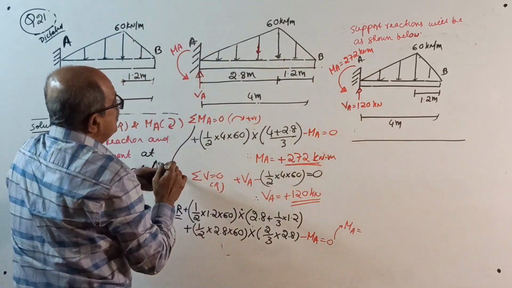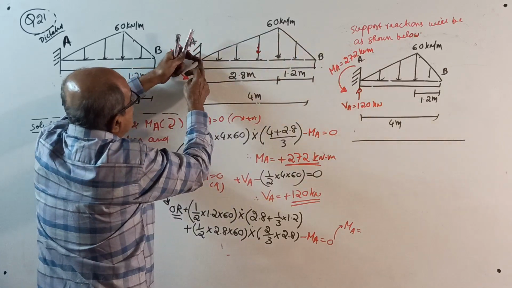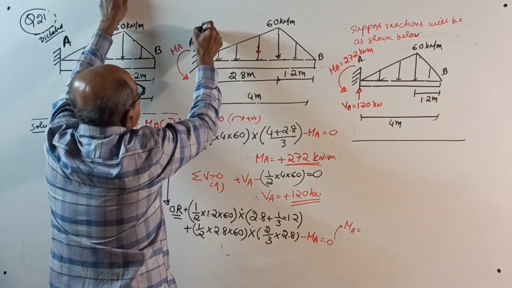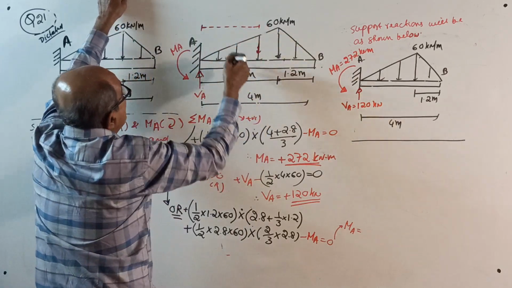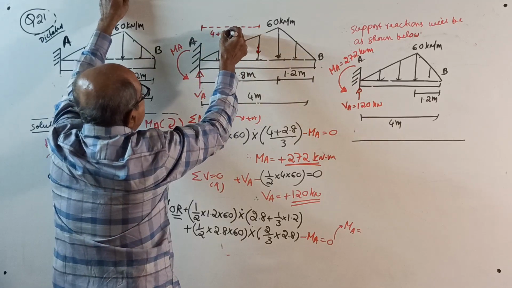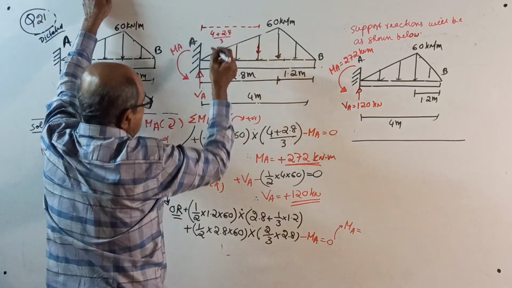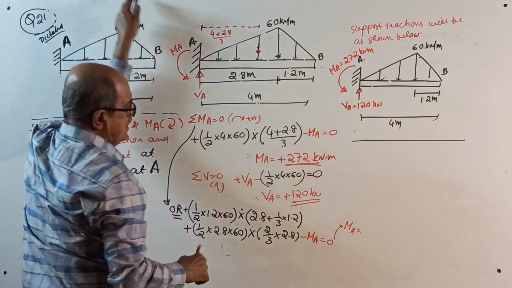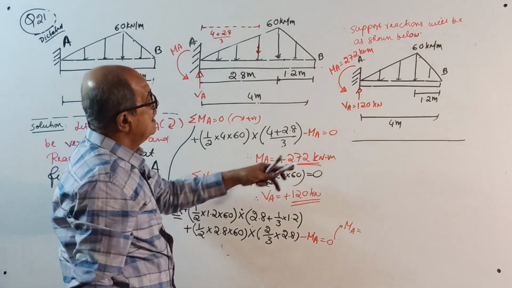Total load is half into 4 into 60. This is the centroid for the entire triangle from A to B. Total length is 4, this cut length is 2.8. When this is 1.2, this is 2.8 divided by 3. Minus MA equals 0, get MA. Sigma V equals 0, get VA.